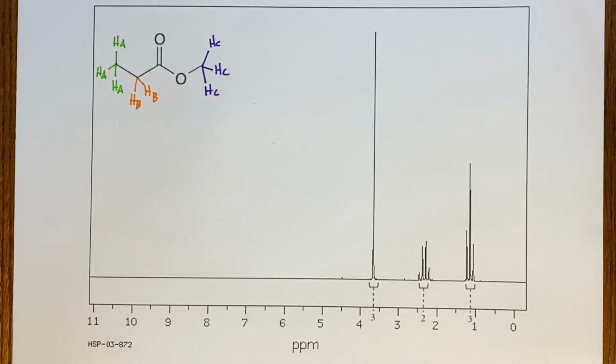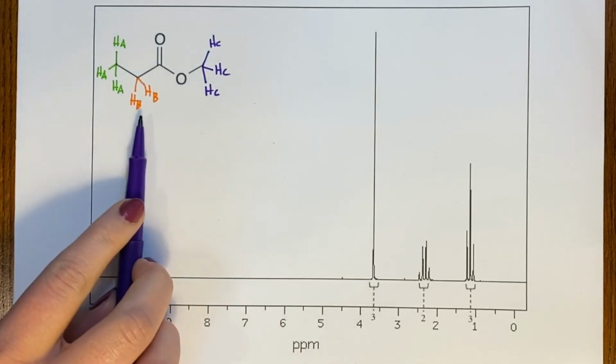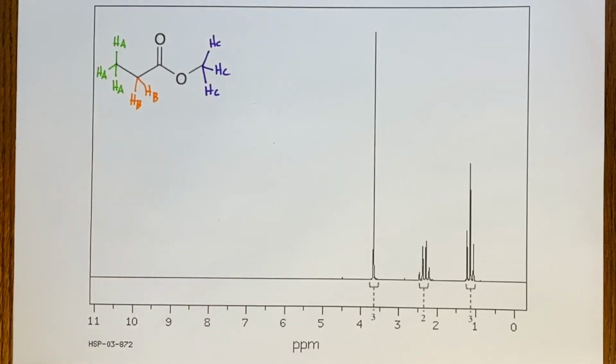So as I look at the actual spectrum for this molecule, here I have the structure with my protons A, B, and C labeled. When we look at the data in the spectrum, we see 3 peaks, which is consistent with what we expect. For the protons that I've labeled HA, I said that I was expecting an integration of 3, and so I have 2 peaks that integrate for 3.